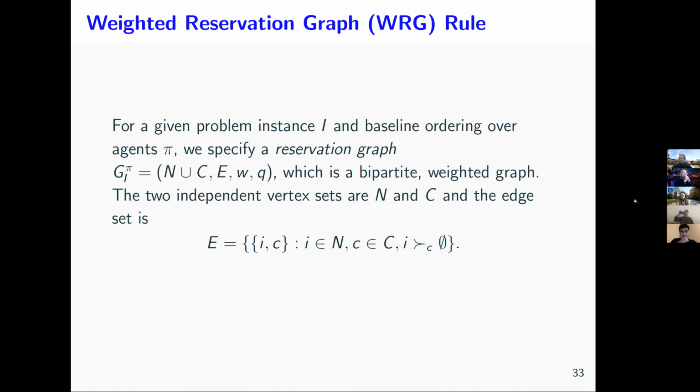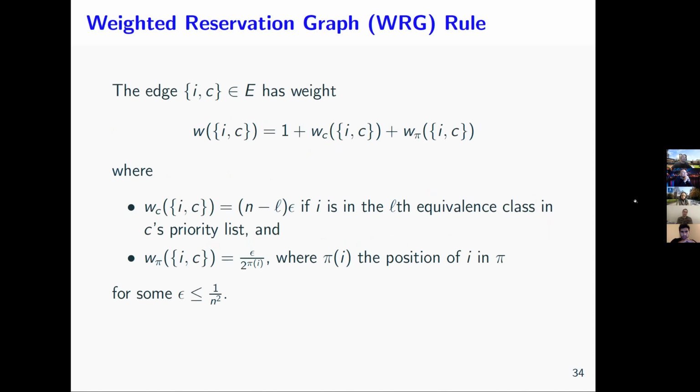So that's the edge set. But this particular bipartite graph is not just based on the eligibility relation, it's actually a weighted graph. And the way we set up the weights is as follows. If you have an edge I comma C, for that particular edge, we have a weight which is written as follows.